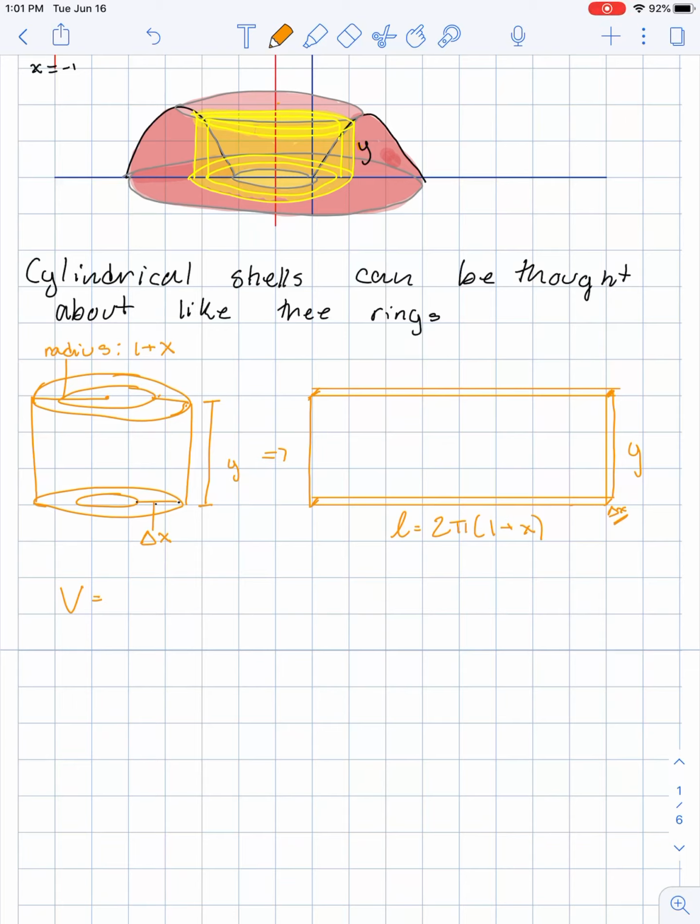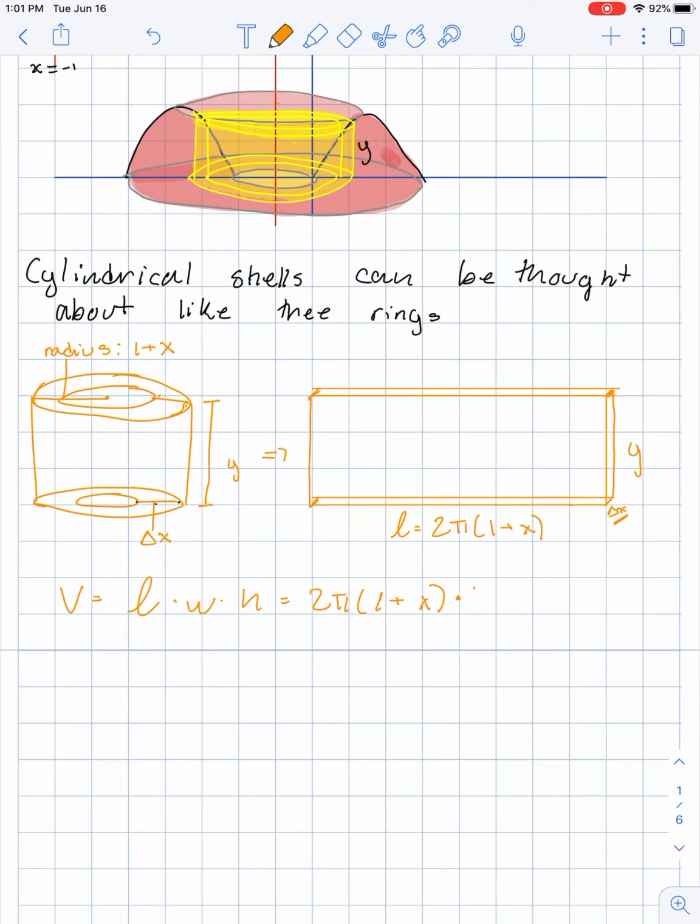So our length is 2 pi times 1 plus x. Let's write it out. Length times width times height, which in this case is 2 pi times 1 plus x.